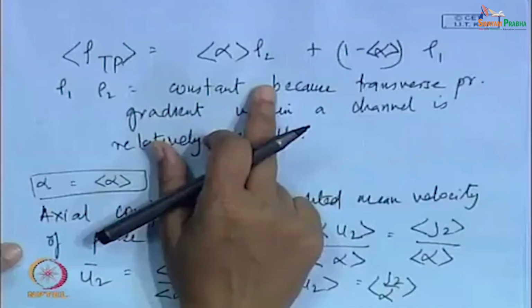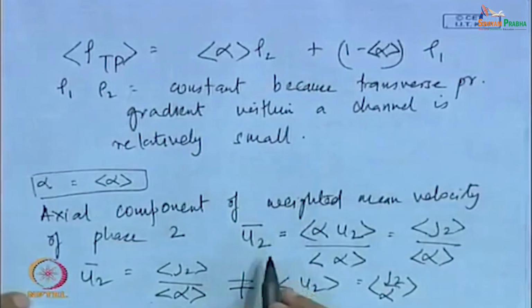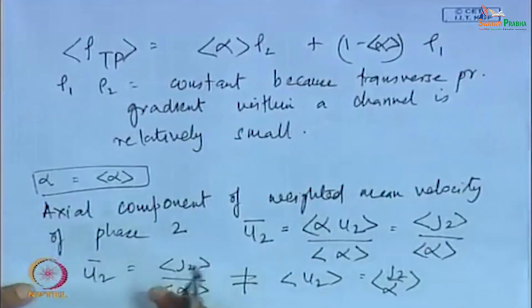Okay. So, accordingly considering these particular concepts, the different mixture properties can be defined. For example, the rho Tp can be defined, the local in situ velocities can be defined.